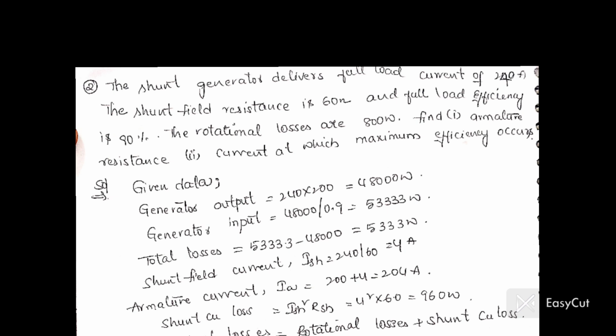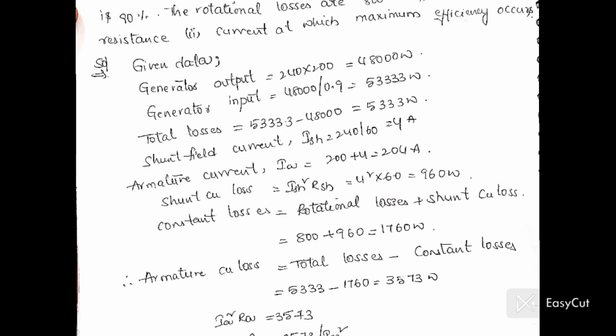Input equals 48,000 divided by 0.9, which gives us 53,333 watts. Step 3. Total losses. Now subtract output from input to find total losses. Total losses equals 53,333 minus 48,000, which is 5,333 watts.